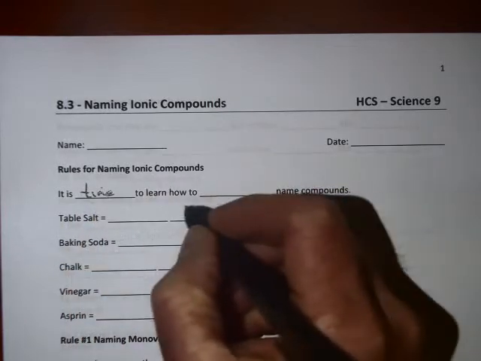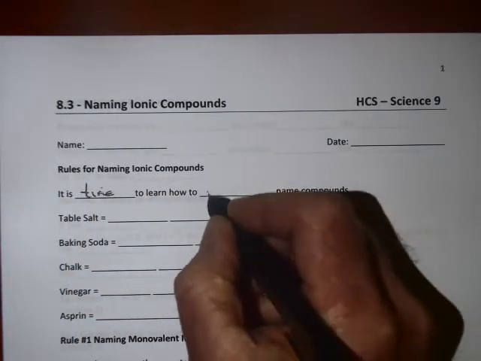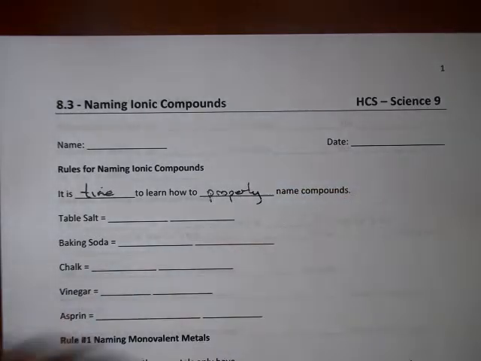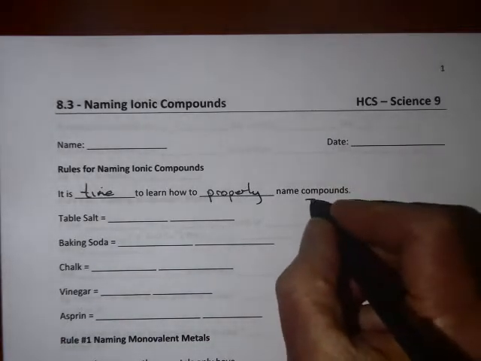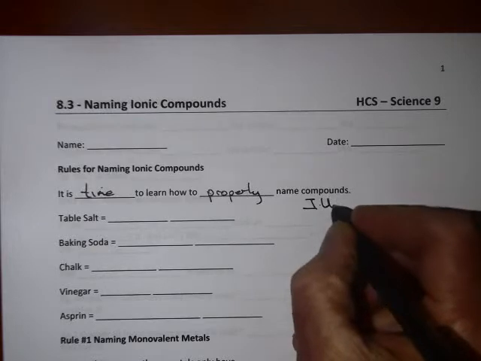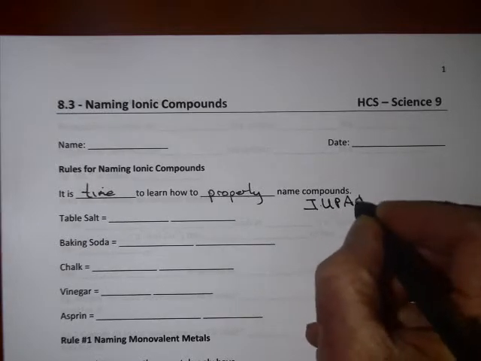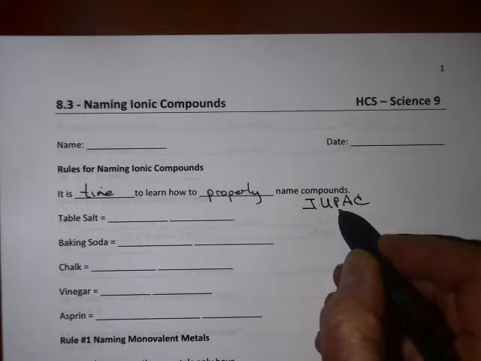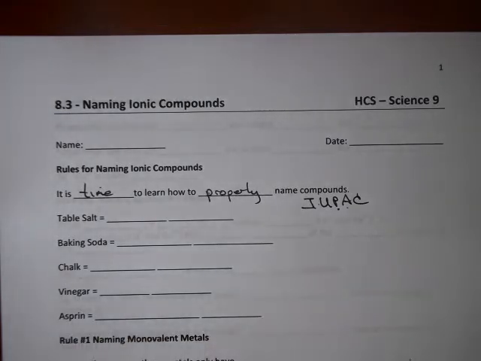So it is time to learn how to properly name compounds. Compound naming is determined by a group called IUPAC, which stands for the International Union of Pure and Applied Chemistry.